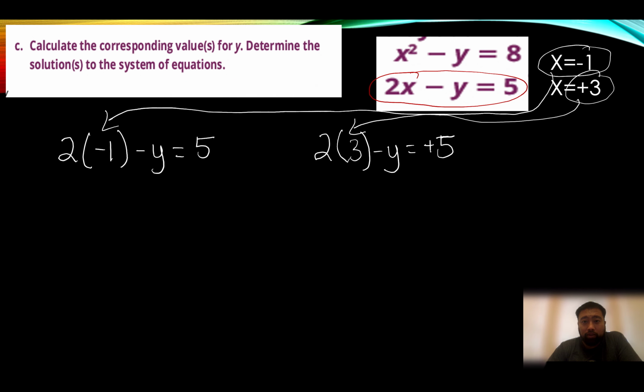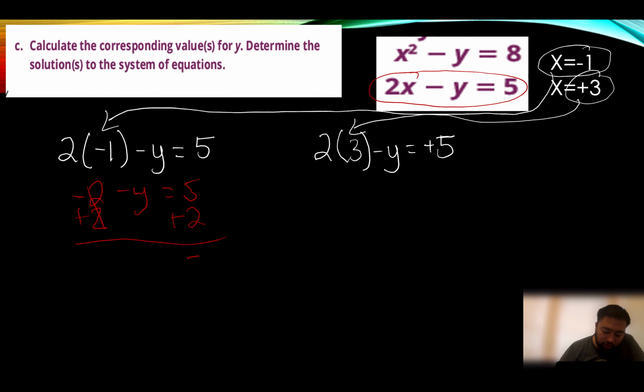All right, we left off with x equals -1 and x equals +3. What we did was I took the easiest equation to do and I substituted it in. Now all we have to do is solve and get the answer. -2 minus y equals 5, plus 2. Basic algebra.